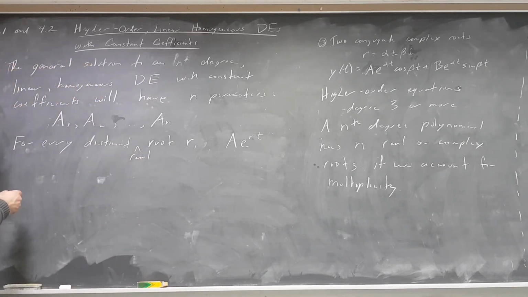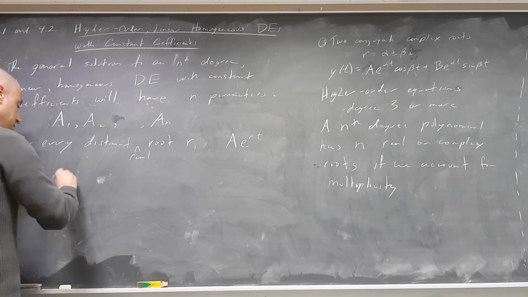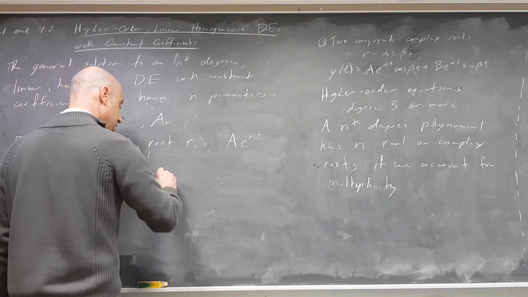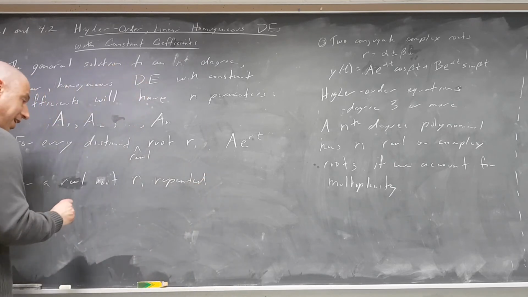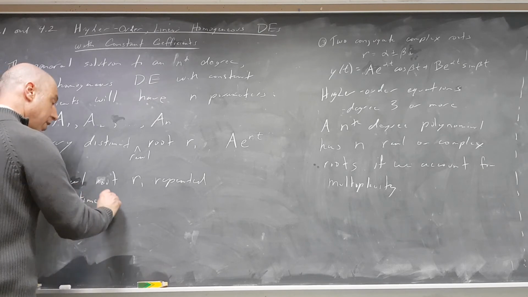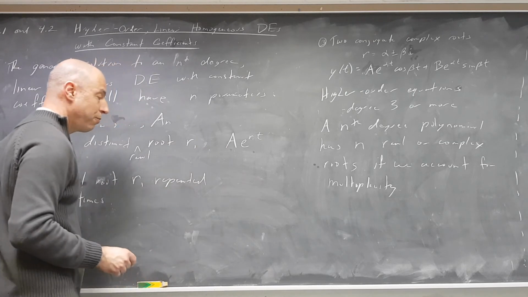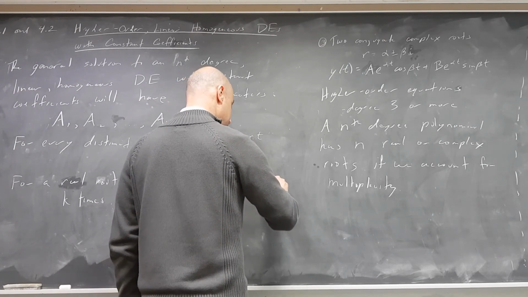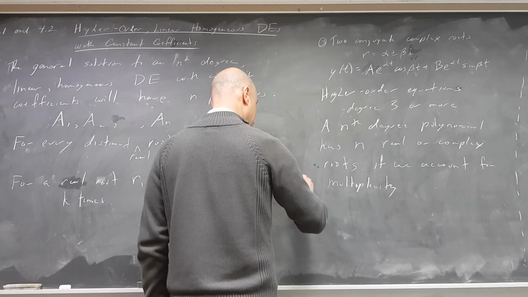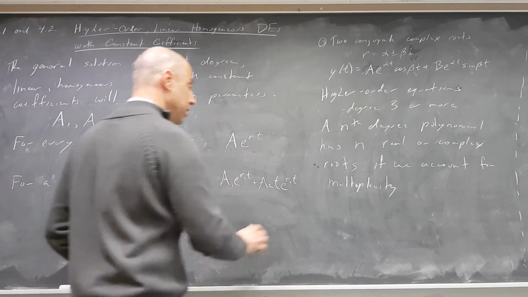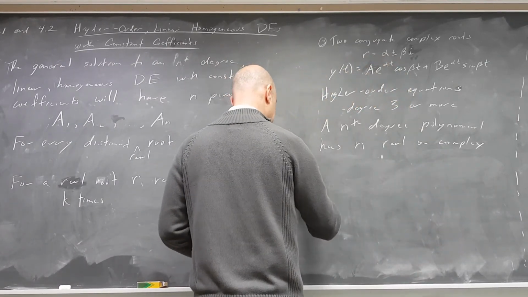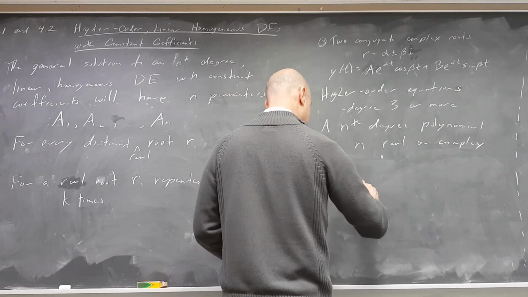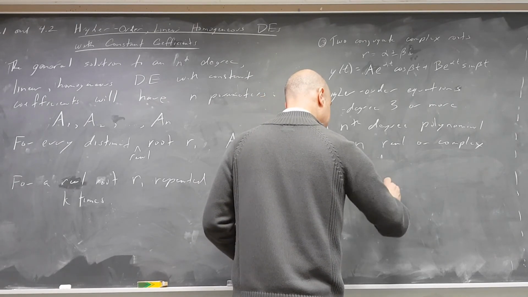For a repeated real root, so for a real root r1 repeated, let's say k times, I will have terms of the form A1 e to the r1t plus A2 times t e to the r1t plus all the way up to Ak t to the k minus 1 e to the r1t.